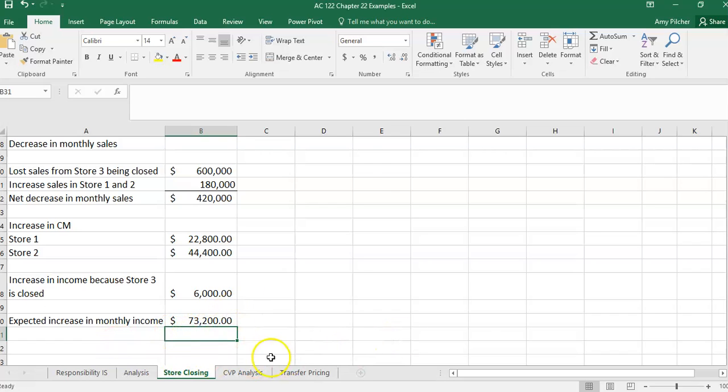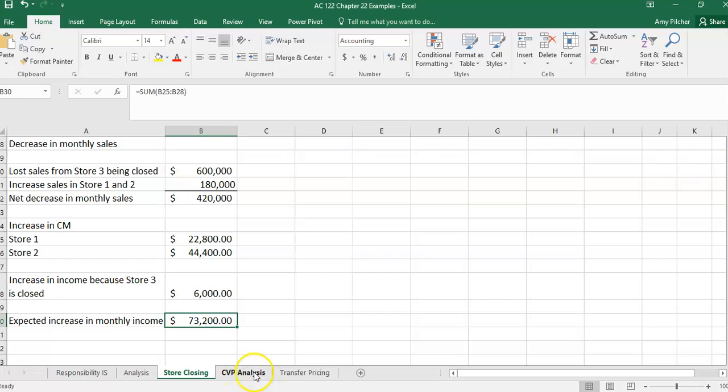So the expected increase in monthly operating income for the entire company from closure of store 3 is $73,200. So under this example, we should consider closing store 3.